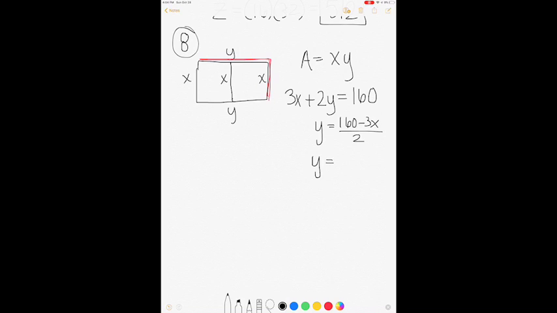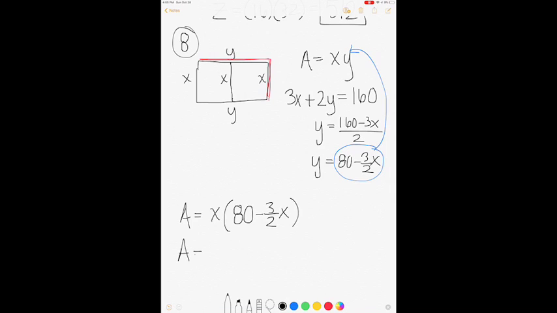So that's going to be 80 minus 3 over 2 x. Okay, I'm going to take this and we're going to plug that in for Y. Wonderful.